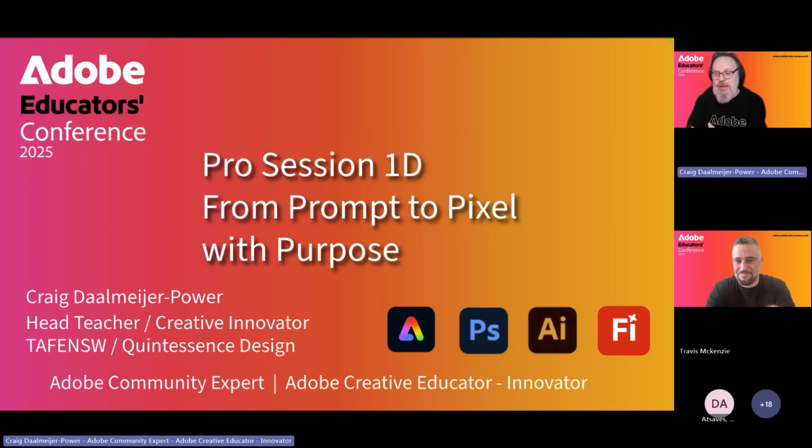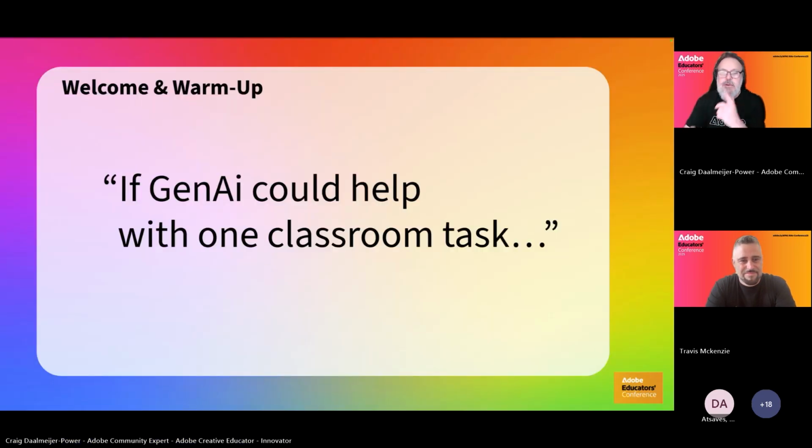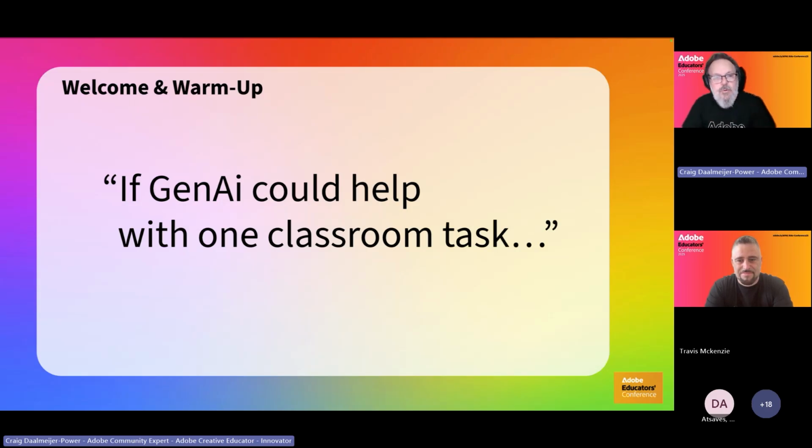Right. So the pro session we're doing here is from prompt to pixel with purpose. So it's really, really important to look at the areas of working with prompts. We're in the Gen AI space, but at the same time, we've got to have a purpose. So when we think about purpose, let's think about this question here.